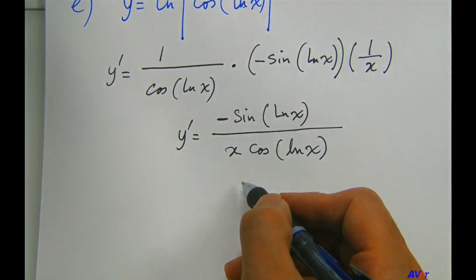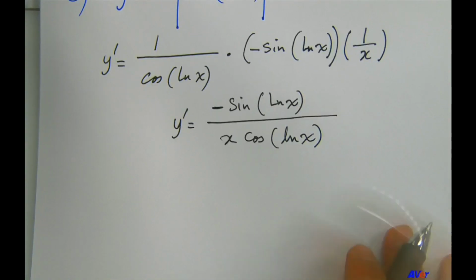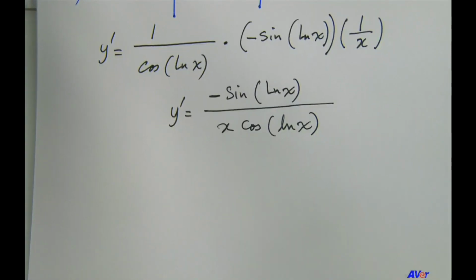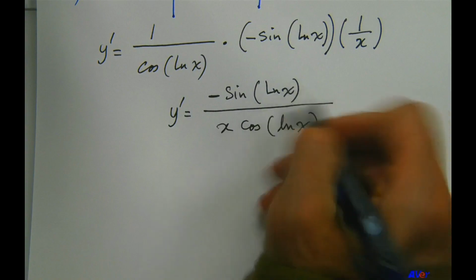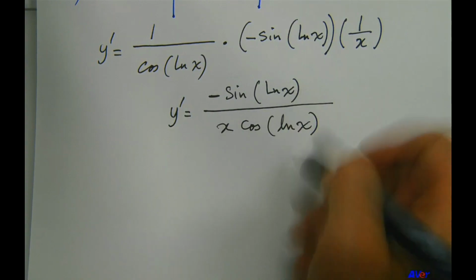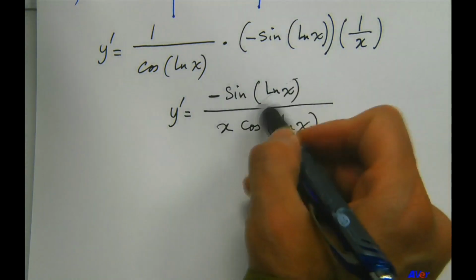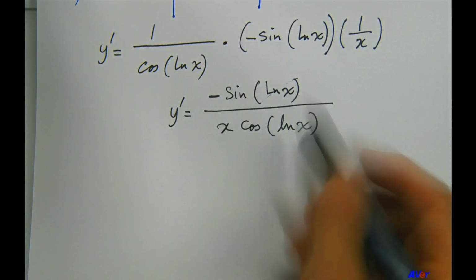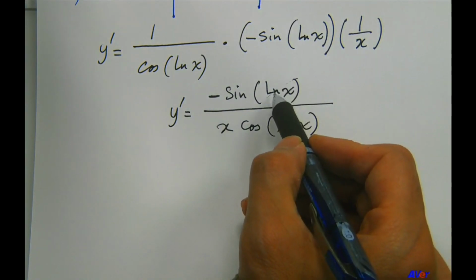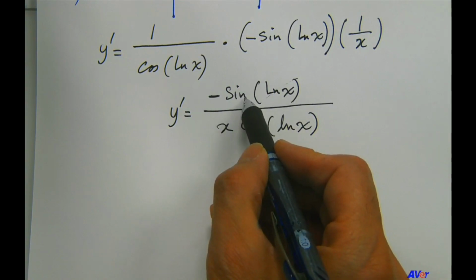Okay, let's see. So what would you do at this point? Would you stop? Take a good look at this. Would you simplify this with this? Could you cancel natural log of x and natural log of x? No, you could not. I hope you can see why not. Natural log of x is not being multiplied by sine.